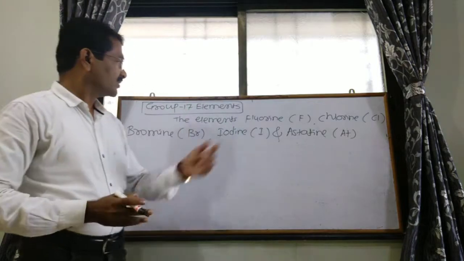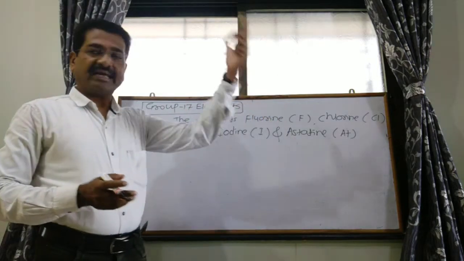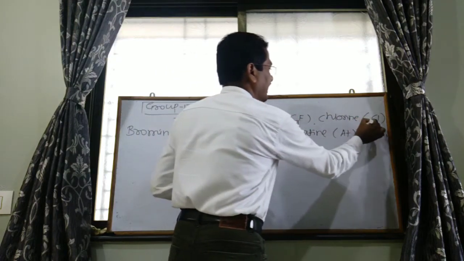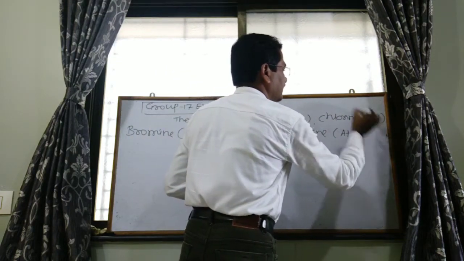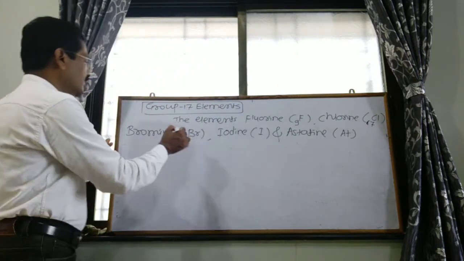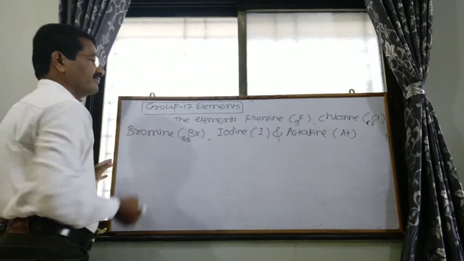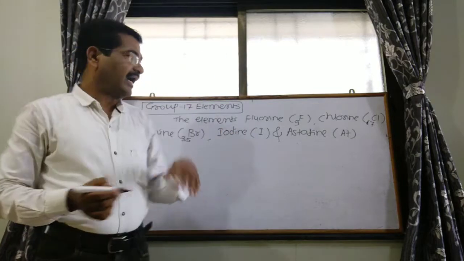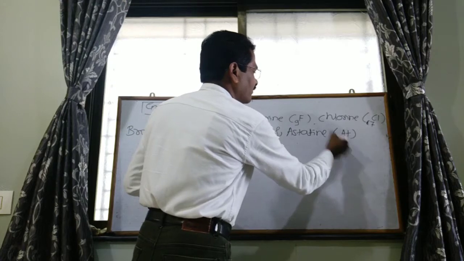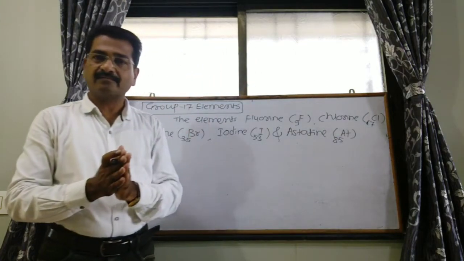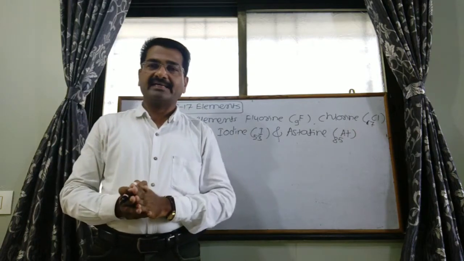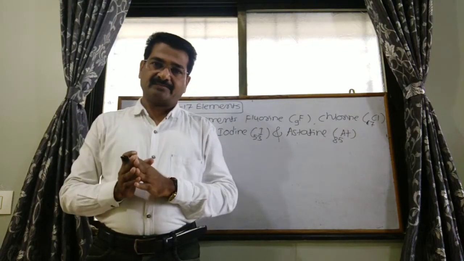Fluorine having atomic number 9, chlorine having atomic number 17, bromine 35, iodine 53, and astatine 85 are placed in a group of the periodic table called G17 elements.